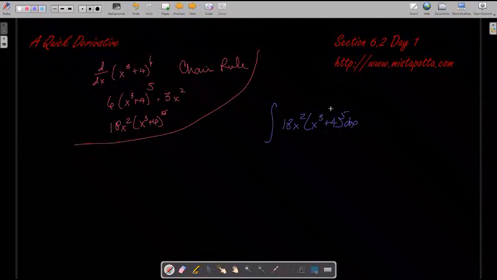I could do binomial expansion and end up with 6 terms and integrate each of those terms, but that's too much work. So what we're going to talk about is how to undo the chain rule.